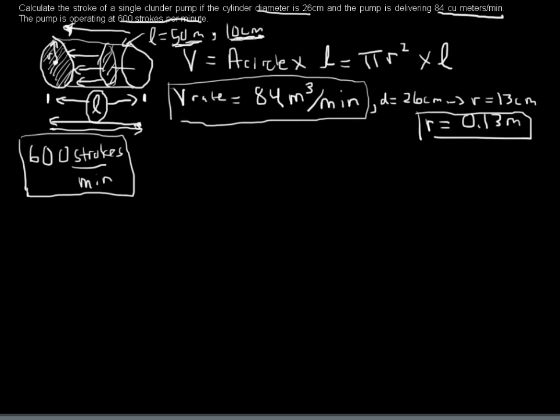So in this case, dimensions matter. We care about the length of the stroke because that determines how much volume is pushed out. So strokes per minute really isn't enough, because a volume flow rate is in meters cubed per minute.